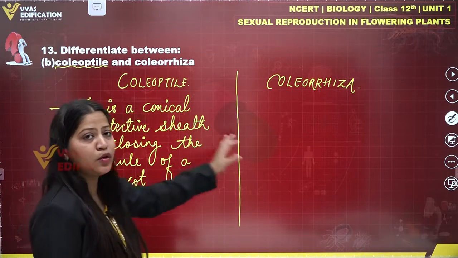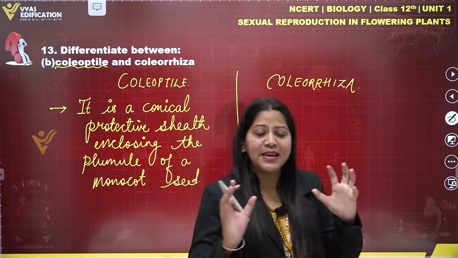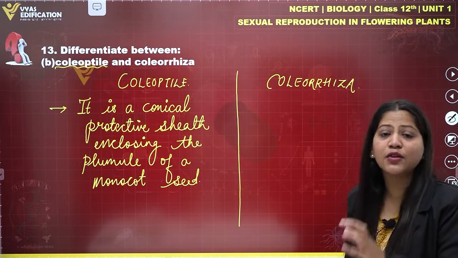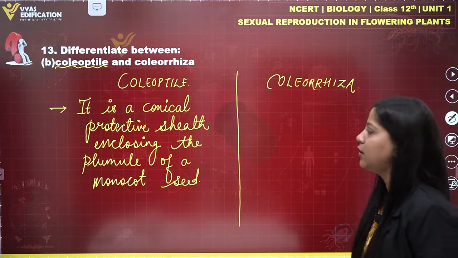Alright, coming on to the coleorhiza. What is coleorhiza? It is also a protective covering which is enclosing radicle as well as root cap in the monocot seed.